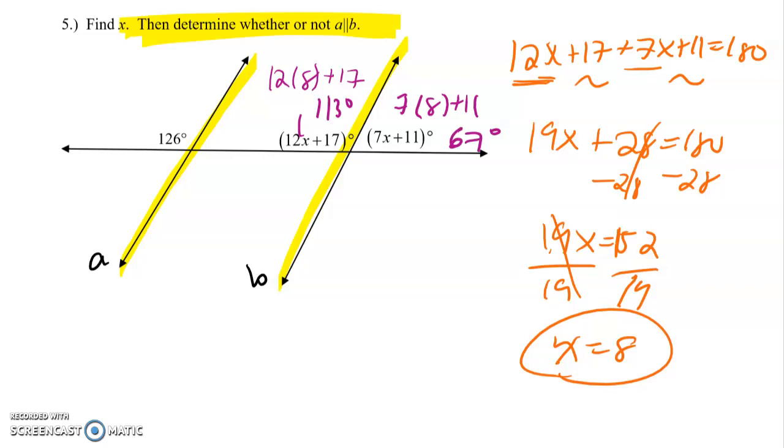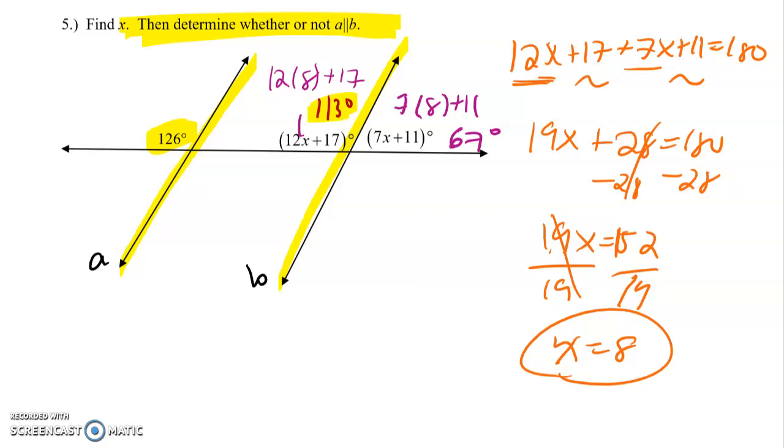Okay, now with these numbers here, what we'll notice is that the 113 degrees, I'll highlight it here, if they were parallel, these should be corresponding angles. So 113 degrees should be the same as 126 degrees.